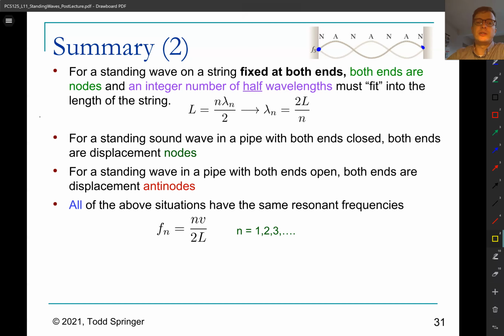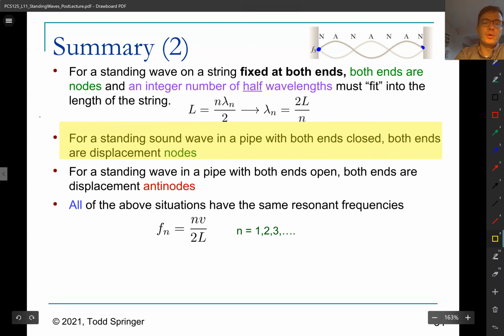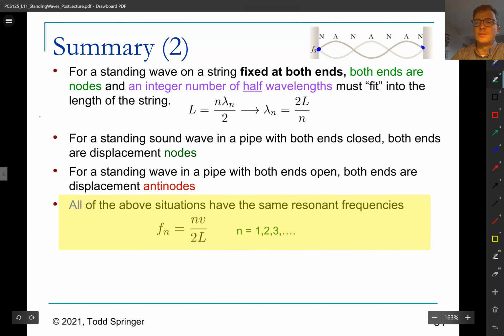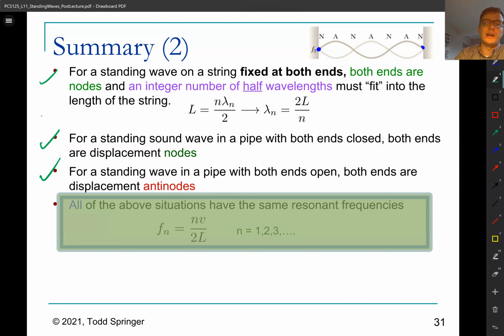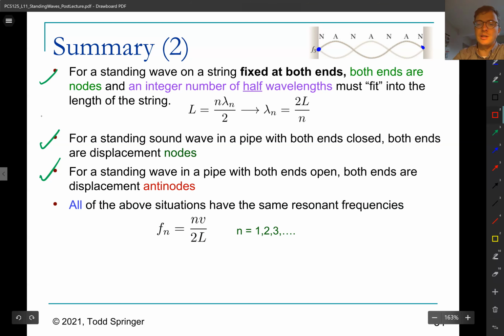The same thing is true if you have sound in a pipe with both ends closed or with both ends open, because then both ends have to be nodes or both ends have to be antinodes, and in both cases, the distance between those is half a wavelength. So in all of the above situations, the string fixed at both ends, the sound wave in a pipe with both ends closed, and the sound wave in a pipe with both ends open, the following frequencies will lead to standing waves.